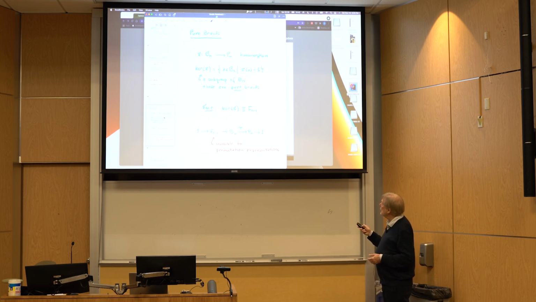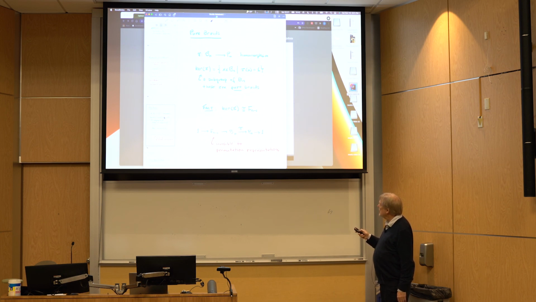And a fact, which I won't give an argument for here, is that the kernel of the permutation representation is actually isomorphic to a free group on n-1 letters. So, in the language that mathematicians like, you have this so-called exact sequence.